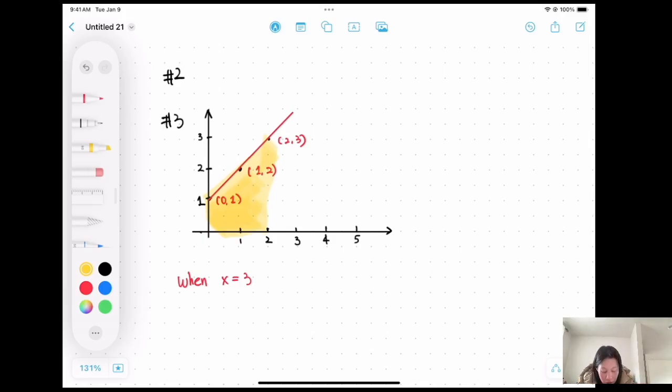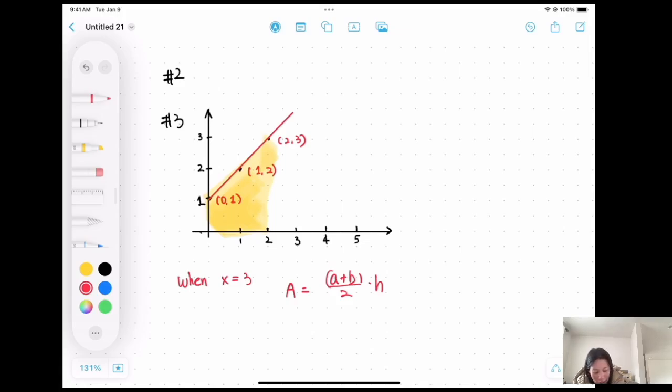So this is a trapezoid, if you notice that, and the area of a trapezoid is equal to the top plus the bottom length over 2 times the height.